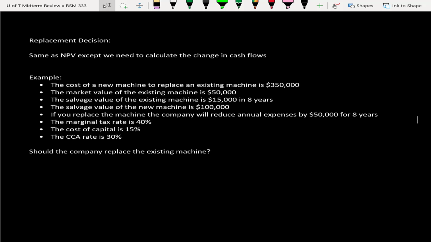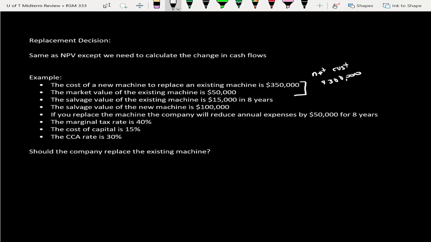So really, the net cost of this machine is going to be $300,000. It's like when you buy a car: if you trade in an old car, you just pay the difference. So in this case, they're selling the old machine at $50,000 and buying the new one at $350,000.